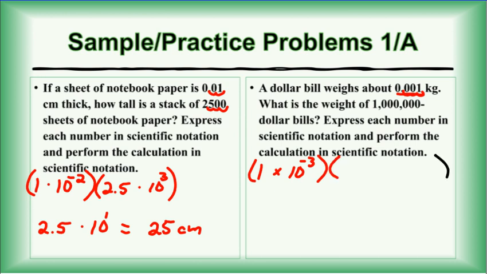Multiply this by, I got 1, 2, 3, 4, 5, 6, so 1 times 10 to the 6th. I do my multiplication, 1 times 1, which is 1, times 10, negative 3 plus 6 is a positive 3, which would equal 1,000. This would be 1,000 kilograms.